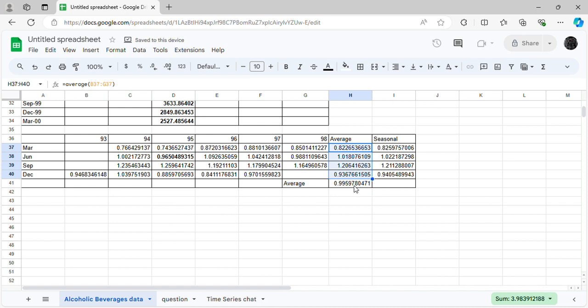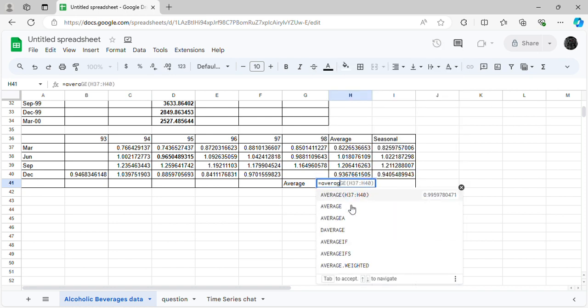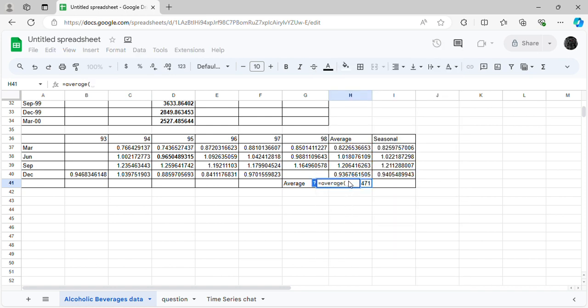And then we take the final average of these averages. So equal average of all these averages.